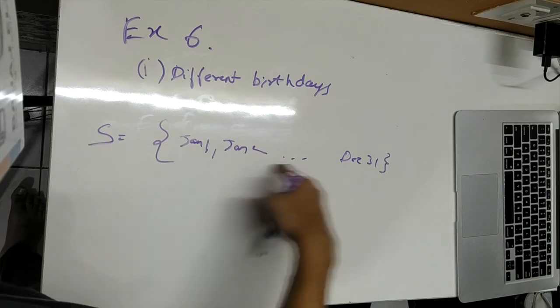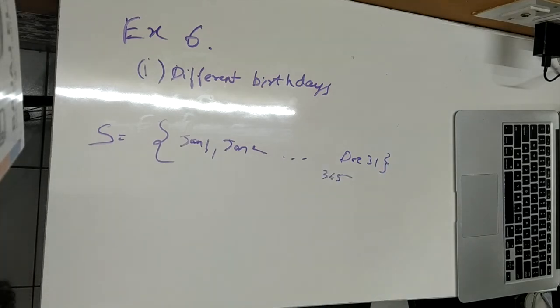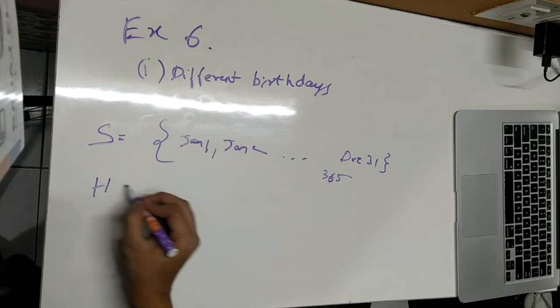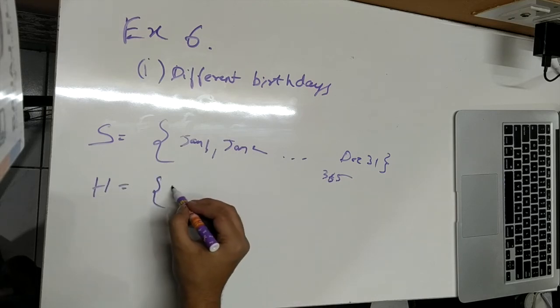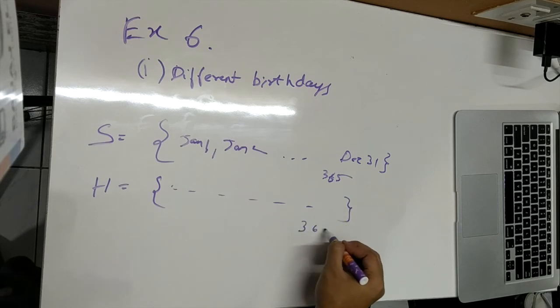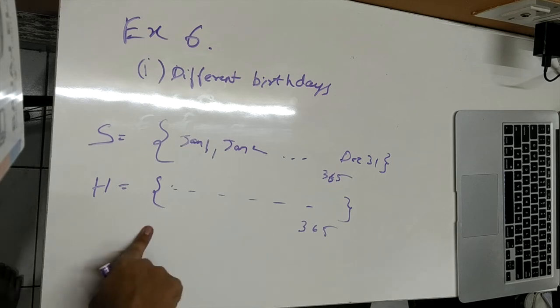So how many are there totally? 365, because there are 365 days in a year. If you observe, in the question they have asked us to ignore the leap year. A leap year has 366 days, but they have asked us to ignore it, so we have 365 days. Hamida, how many? Hamida also again the same thing, 365 outcomes are there. These are all the outcomes for Savita and Hamida's birthday.